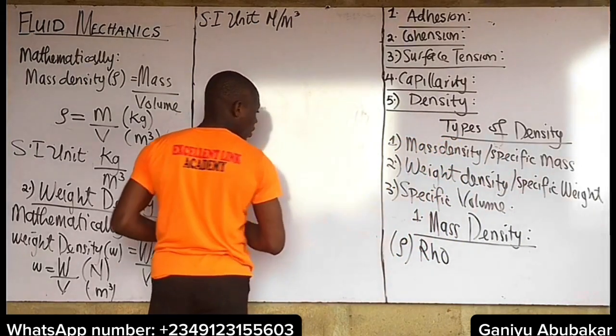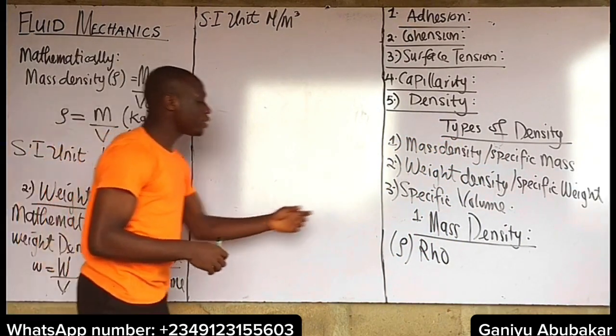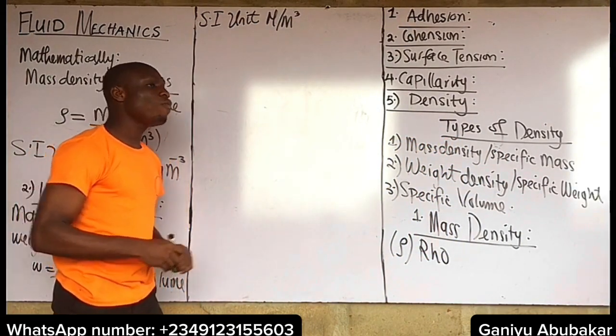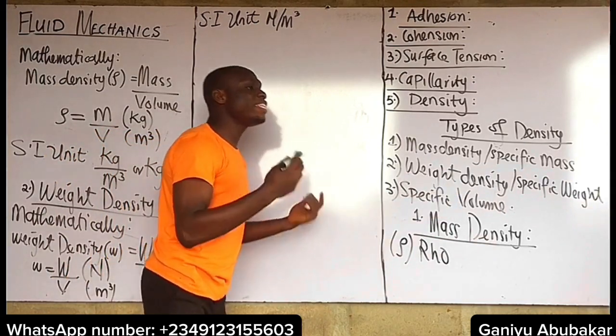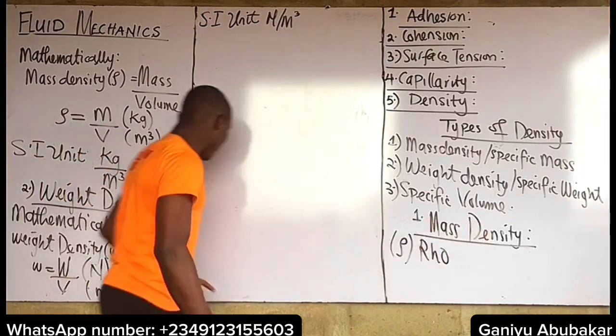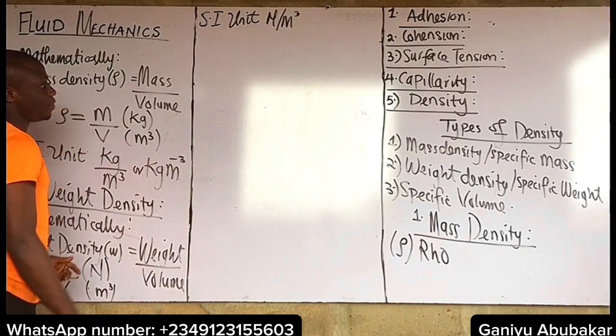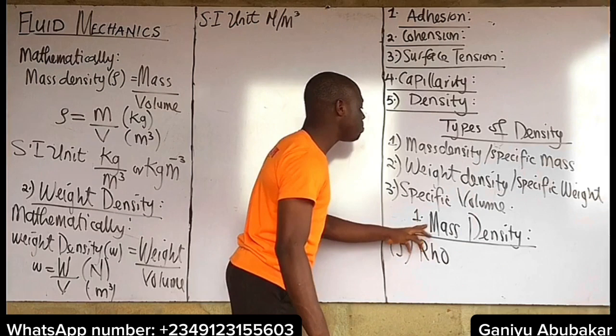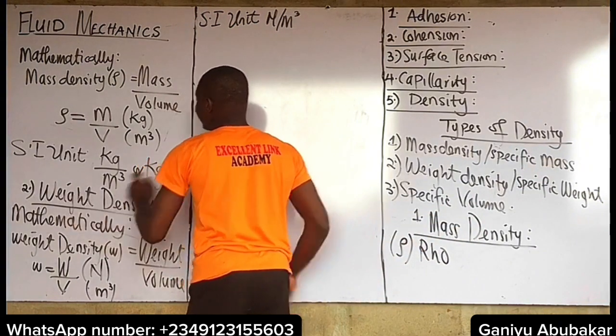Let's discuss the third type of density. Before we move to specific volume, let's discuss the relationship between mass density and weight density. What is the relationship between mass density and weight density?